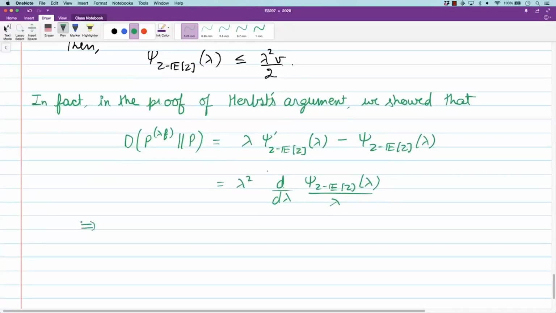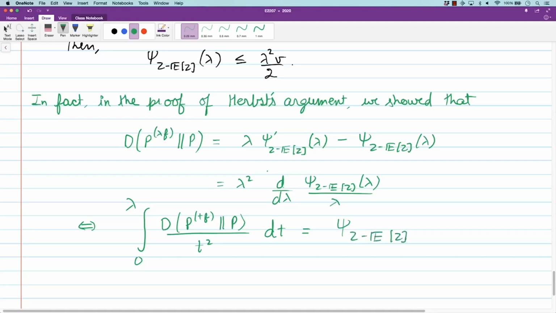This is the same as saying that if you have this tilting along f, take this divergence from p, divide by t square, and take this integral from 0 to lambda. This is exactly equal to this by lambda, so I can take this lambda here.